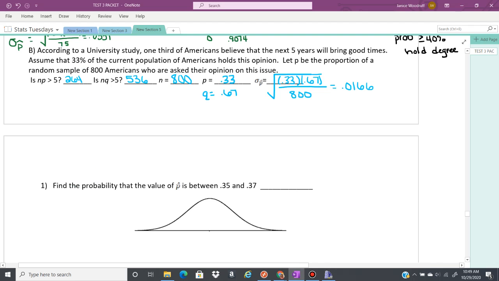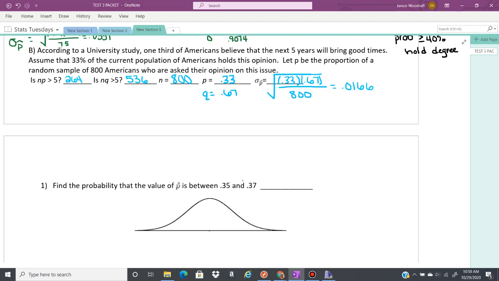So the actual question: find the probability that the value of p-hat is between 0.35 and 0.37. So what is being asked here is that in this sample of 800 Americans, find the probability that the true proportion of Americans who believe this is between 35 and 37%.